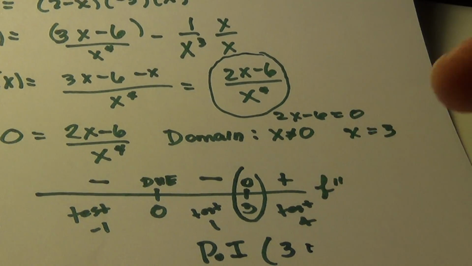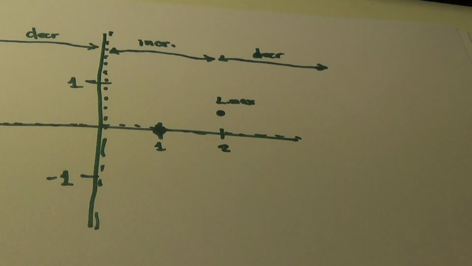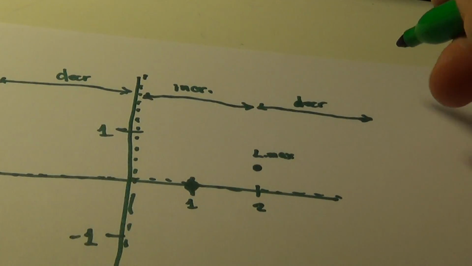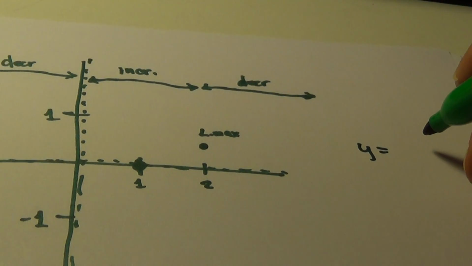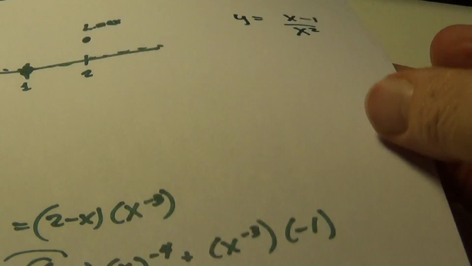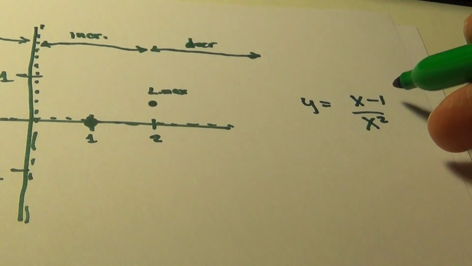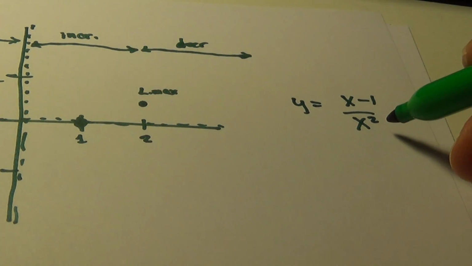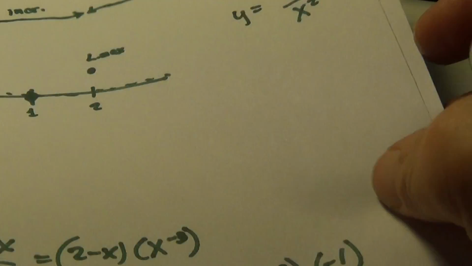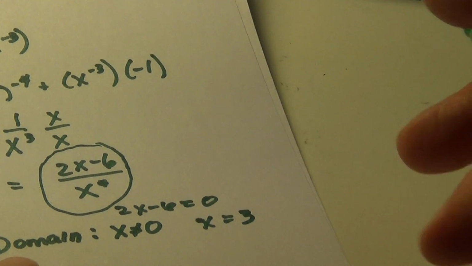So if I put 3 in the original function, which isn't even on this page, what is the original function? Y equals (x minus 1) over x squared. So when I put in my x value, 3, I'm going to get 3 minus 1, which is 2, over 3 squared, 9. We're going to get 2/9. All right, so having seen that was coming, I went ahead and made the graph kind of large.